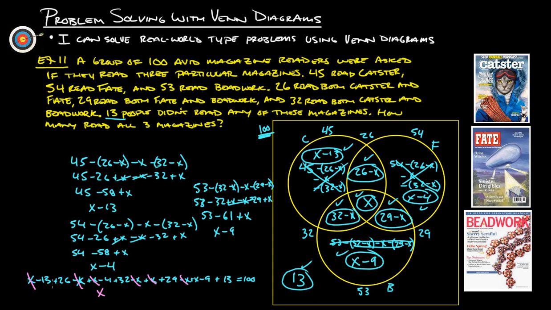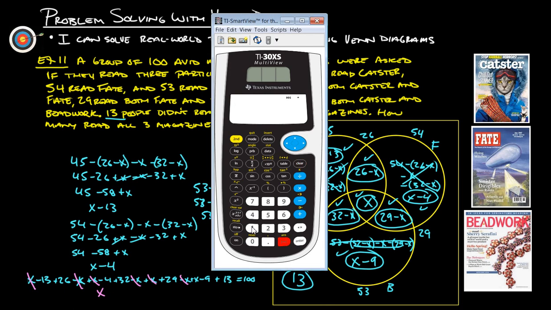And then we got negative 13 and 26 is, you know what, let's just do this all on a calculator, make our life easy. Okay, so we got negative 13 plus 26 minus 4 plus 32 plus 29 minus 9 plus 13 plus 13.